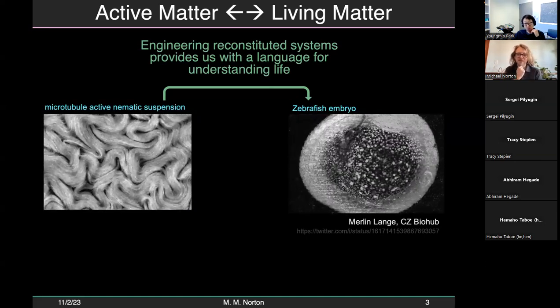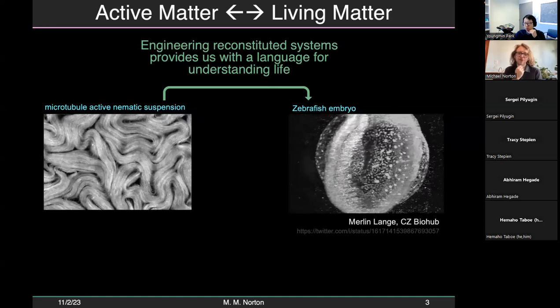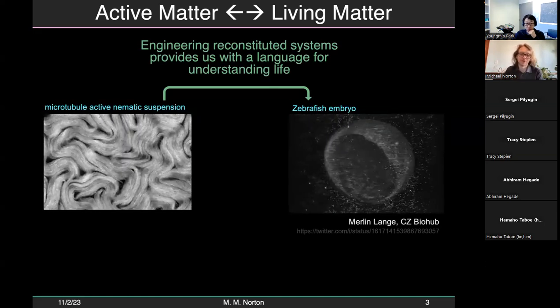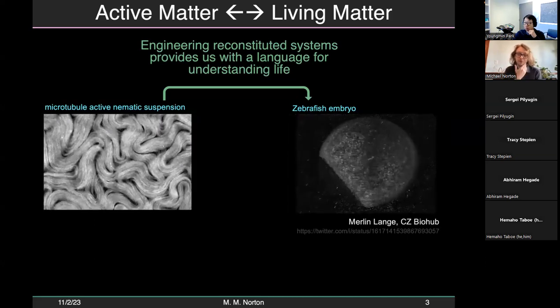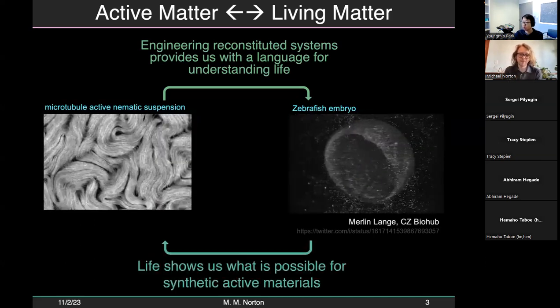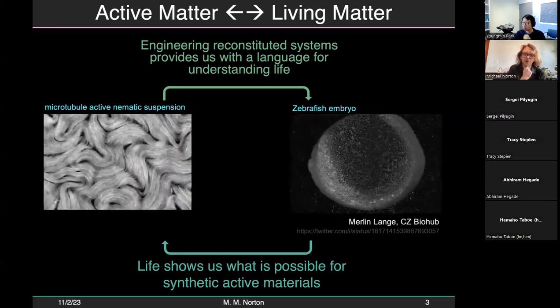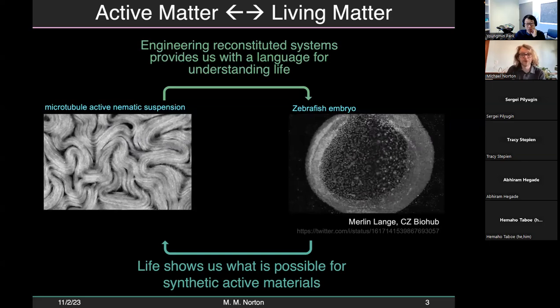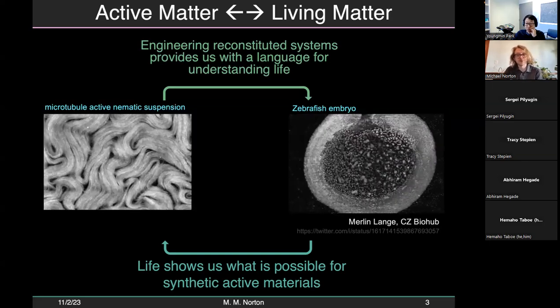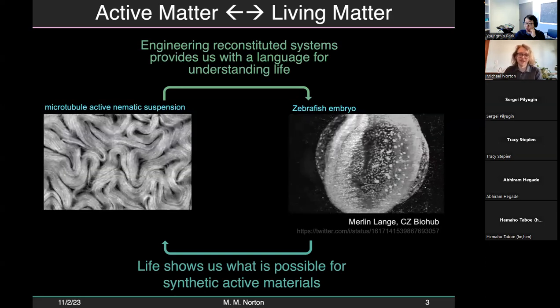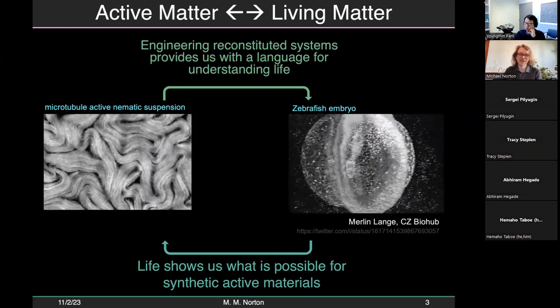But still, we can get some traction, right, by studying these simple systems where we have experimental control over the parameters. But maybe from a materials science point of view, if our goal is to try to build new kinds of materials or robotics that are not based on hard materials, right?